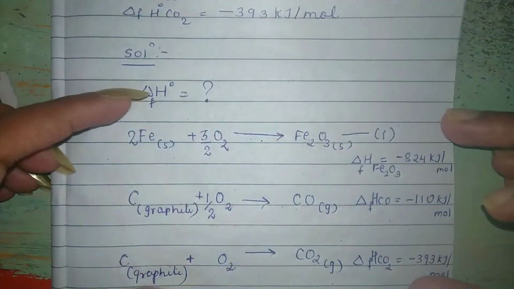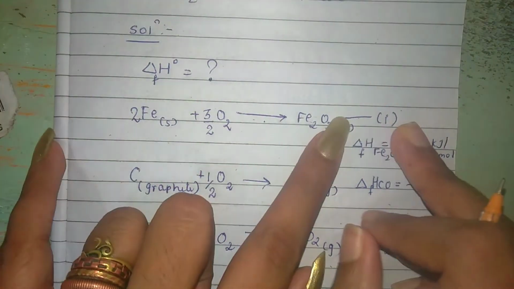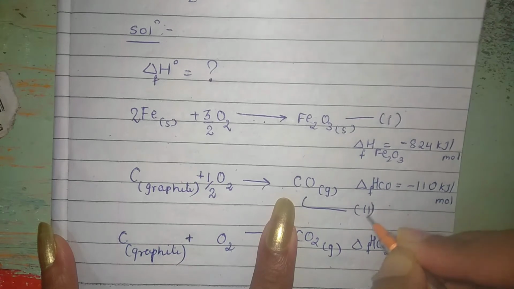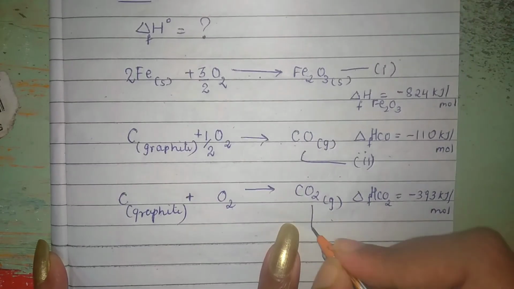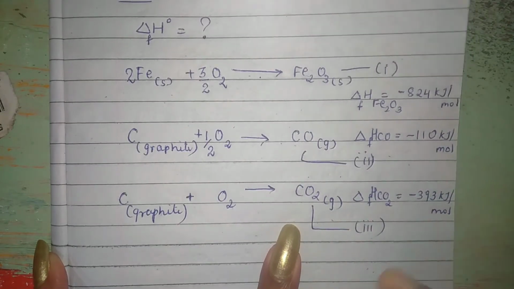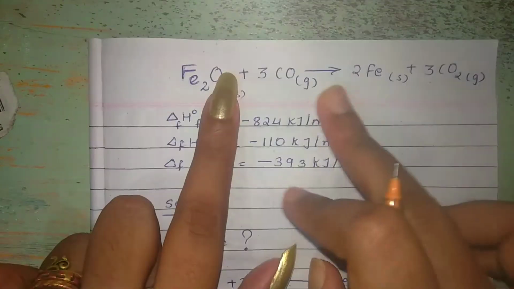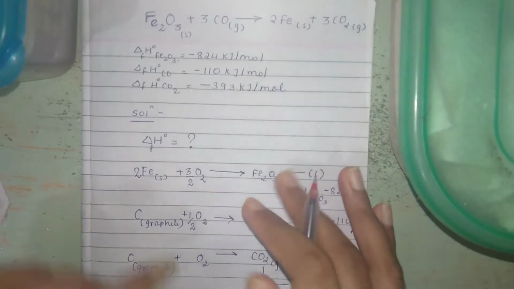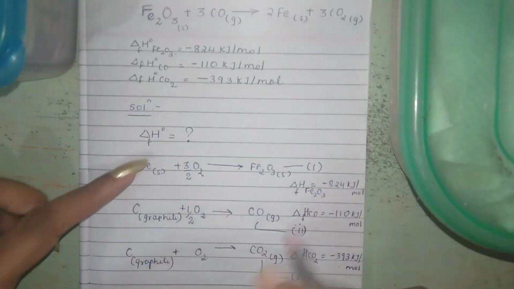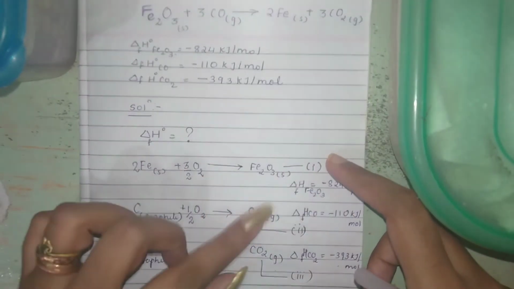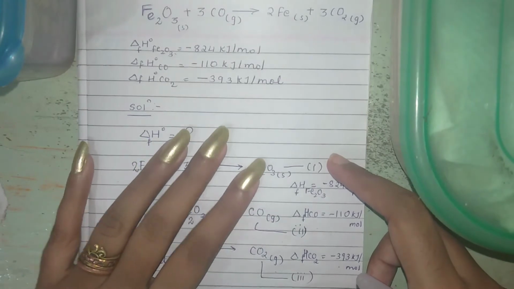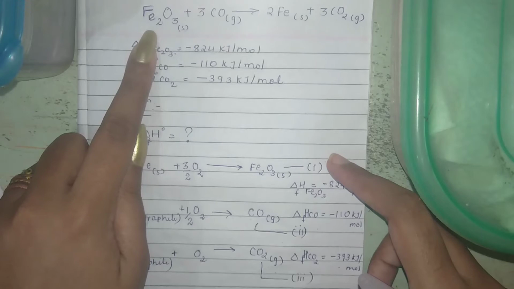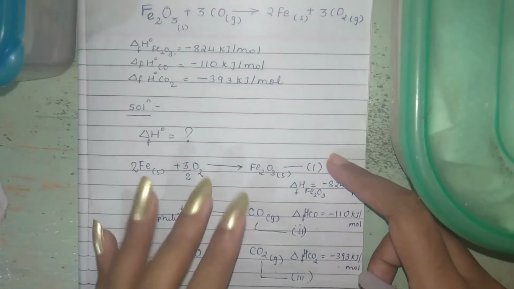Now this is equation number 1, this is equation number 2, and this is equation number 3. Using these 3 equations you have to form the required equation. So students, now we have derived these equations. What you have to see here is that we want Fe2O3 on the left hand side, correct?